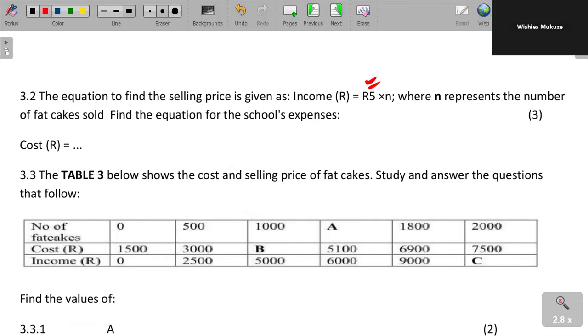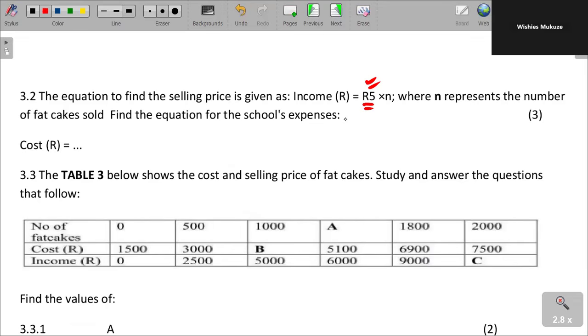This is 3 marks. The equation to find the selling price is given as income equals 5 rand, because they sell each fat cake for 5 rand, multiplied by the number of fat cakes sold.